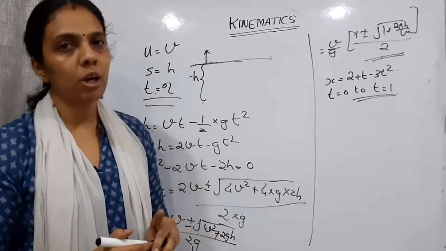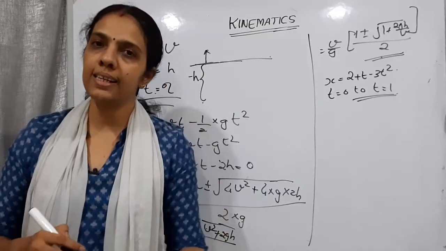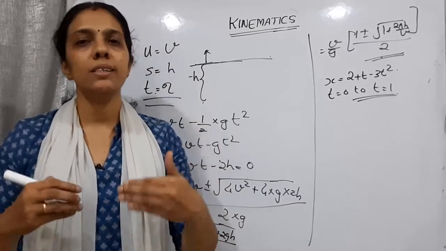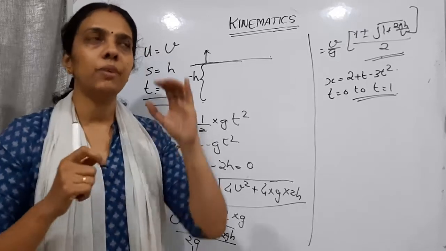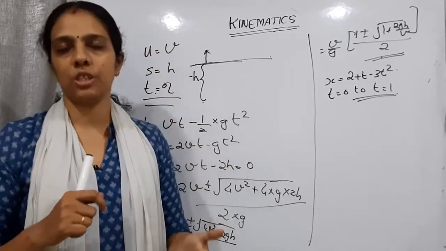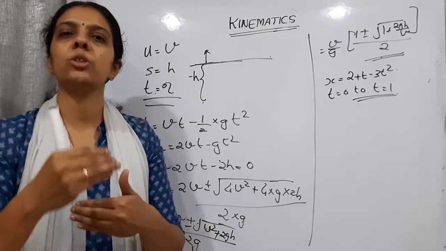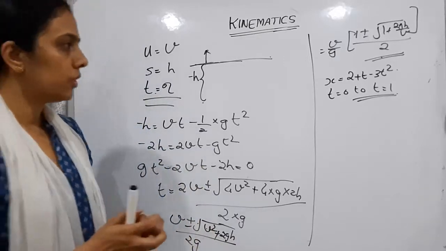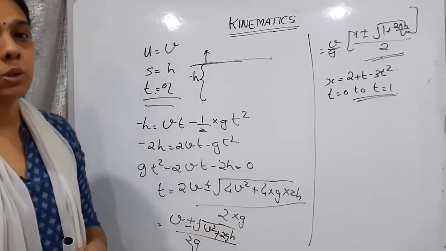Are you remembering how to do? First we need to find out whether distance and displacement will be same or not. How can we find out that? When the object is at rest position, how long will it take for the object to come to rest? So for that, to find out the rest position, velocity is equal to 0.